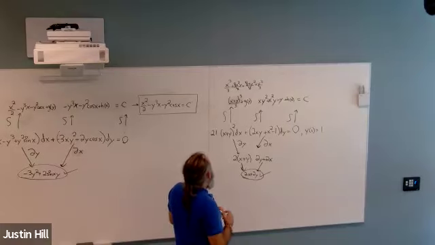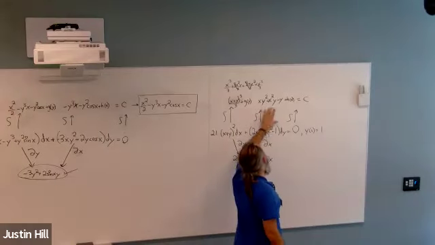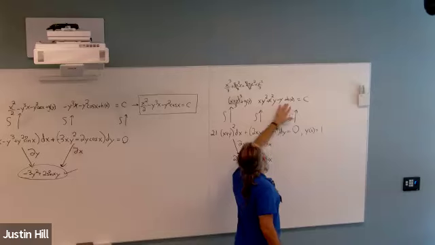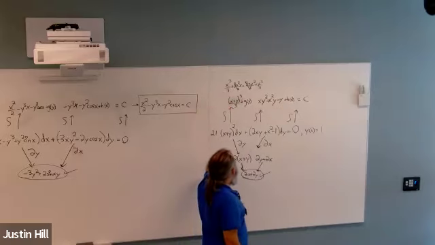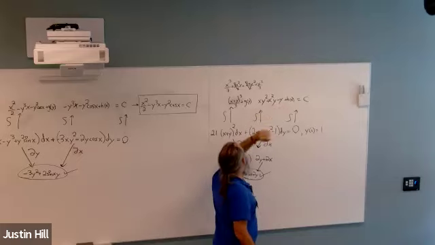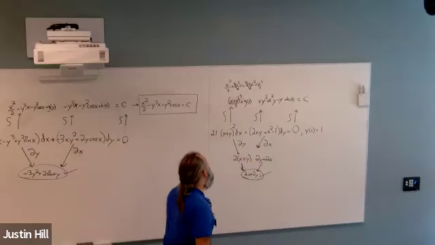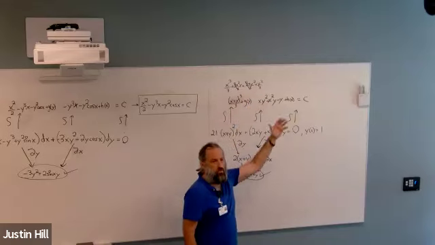So what I noticed is, if these are my two parts, over here we have xy squared and x squared y. We're missing an h of x, which is the x cubed over 3. And we have this minus y, which would seem to be the g of y that we're missing. But notice that y cubed over 3 also only has a y in it.